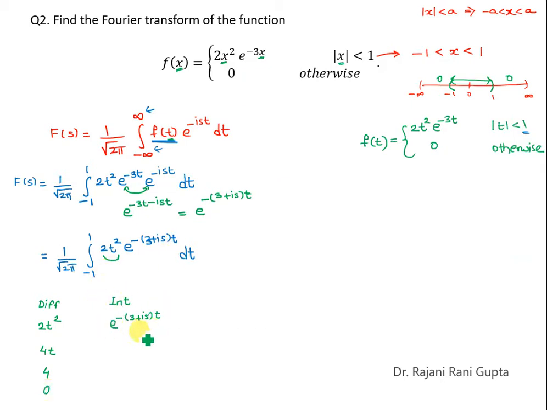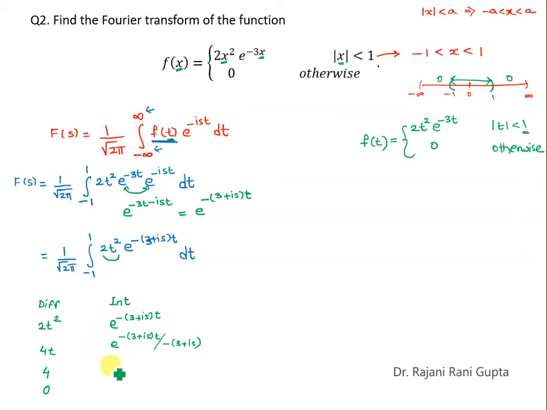And here we have to integrate 3 times. E power minus 3 plus iota st divided by minus of 3 plus iota s.